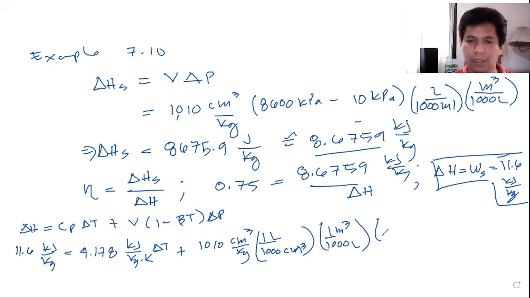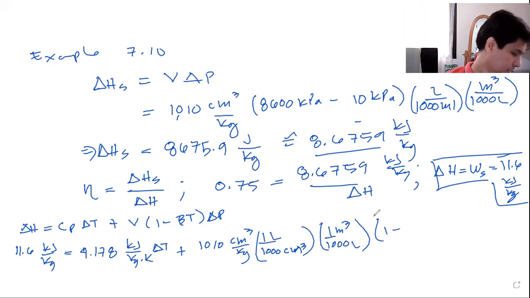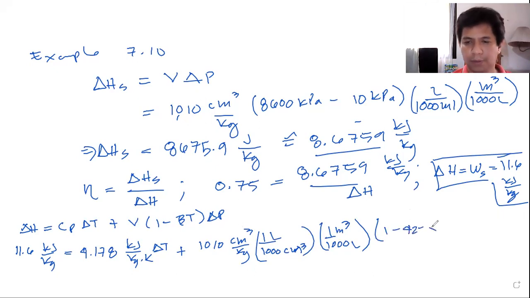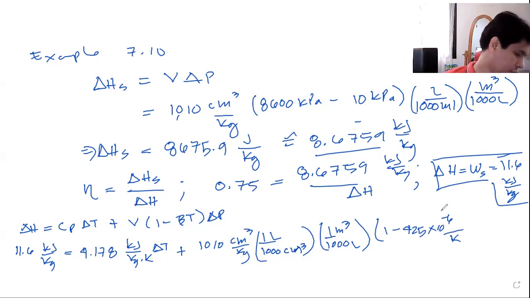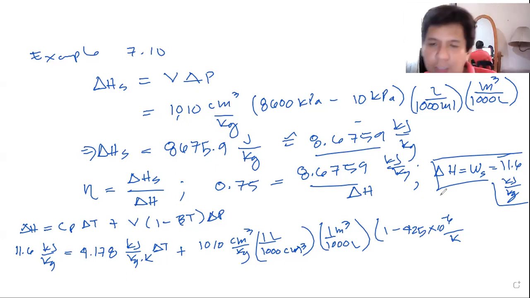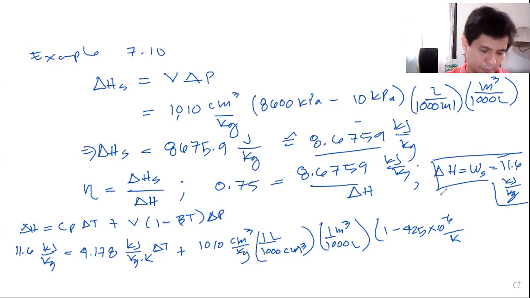Then the 1 minus beta T. The beta is given to be 425 times 10 to the minus 6, per Kelvin, so that the units cancel. Our temperature is 318.15, because our initial temperature is 45, so 45 plus 273 is 318.15.